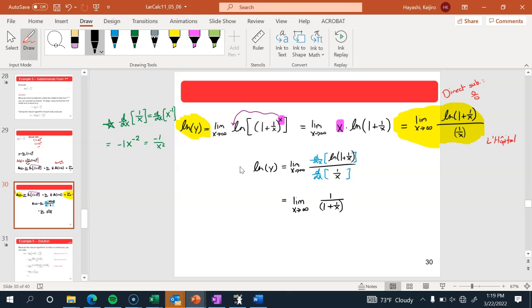And because of the chain rule, this is a composite function that we have on the top here. We got to multiply by the derivative of the inside as well. The derivative of 1 is nothing, but the derivative of 1 over x is negative 1 over x squared.